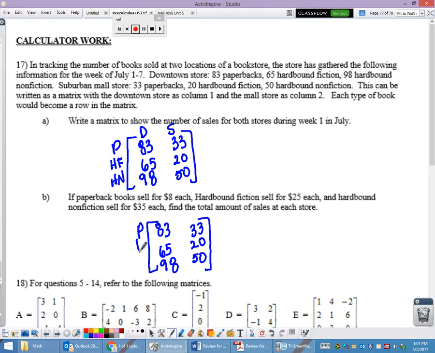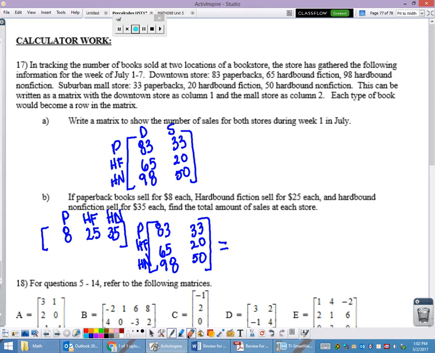Since they give me the prices of each of these items, for the matrix that I'm writing for the prices, my column headings have to match, because in order to multiply with word problems, your column headings have to match the row headings in the other matrix. So the one I get here is going to be just a 1x3 matrix. Okay, so notice my column headings here match the row headings here.